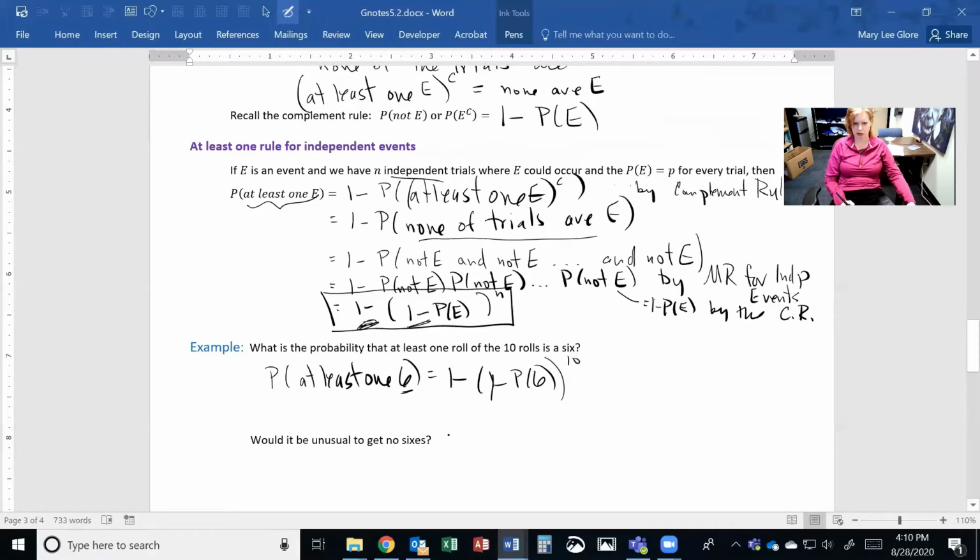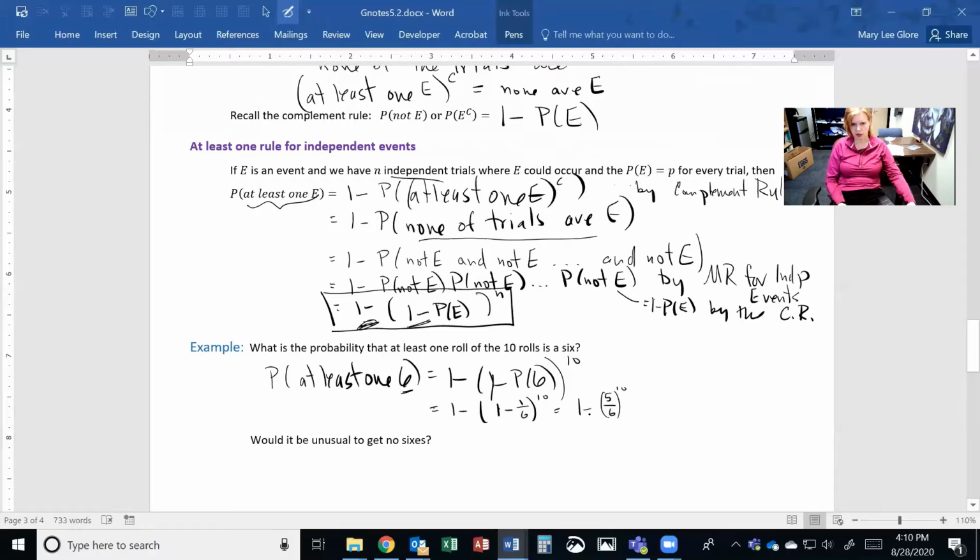So this is equal to 1 minus, probability of a 6 is 1/6, this is 1 minus 5/6 to the 10th.